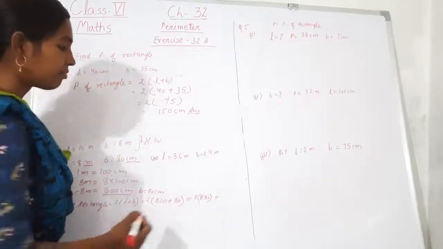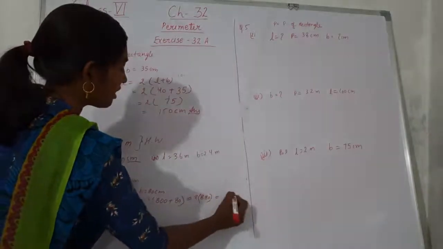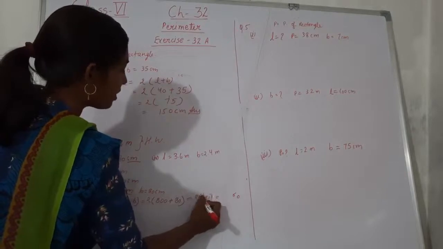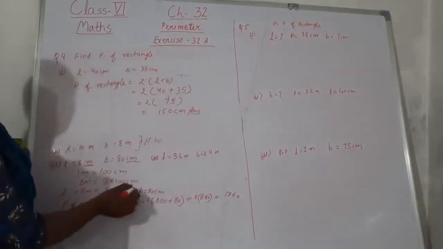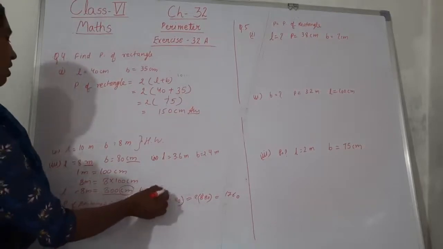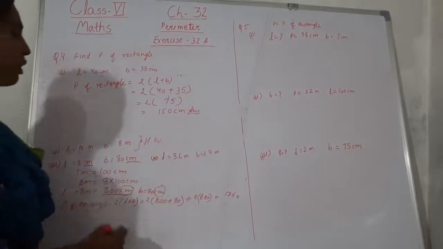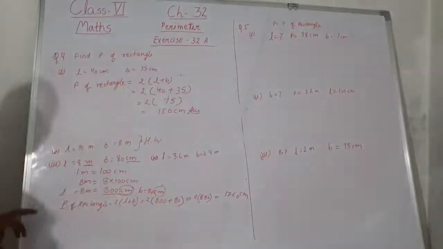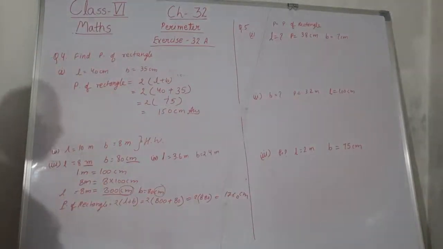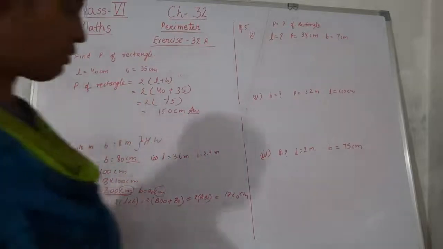Multiply. 0, 2 8s are 16, carry 1, 2 8s are 16 plus 1 17, 1760. We have already converted all the units into centimeter, so the unit of perimeter of rectangle will also be centimeter. Okay, so this question is also over. Note down.